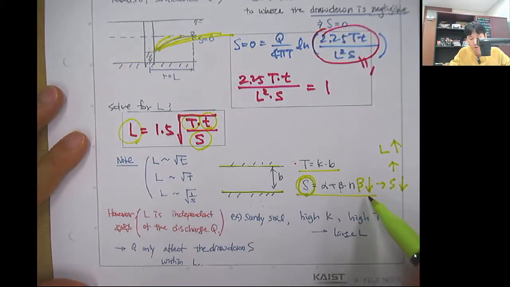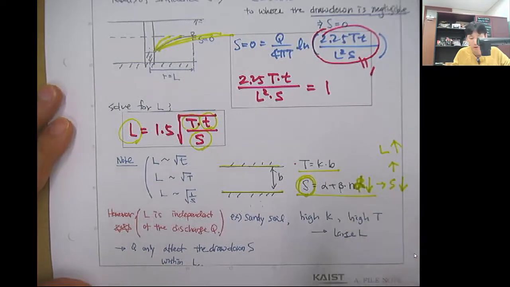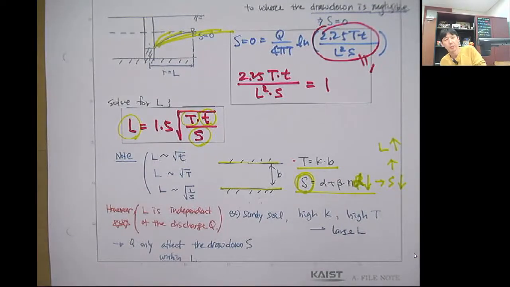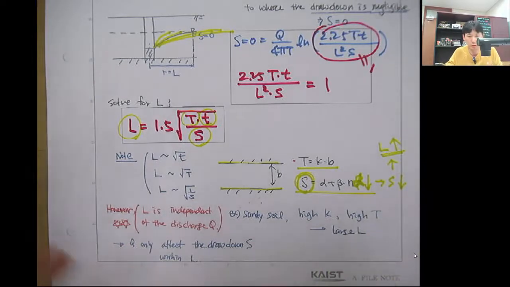Beta is the compressibility of the water, and alpha is the compressibility of the soil, right? So the soil matrix should be stiffer. As the stiffness of the soil increases, alpha decreases, so that you have a larger L. So more stiff soil will have a larger L.